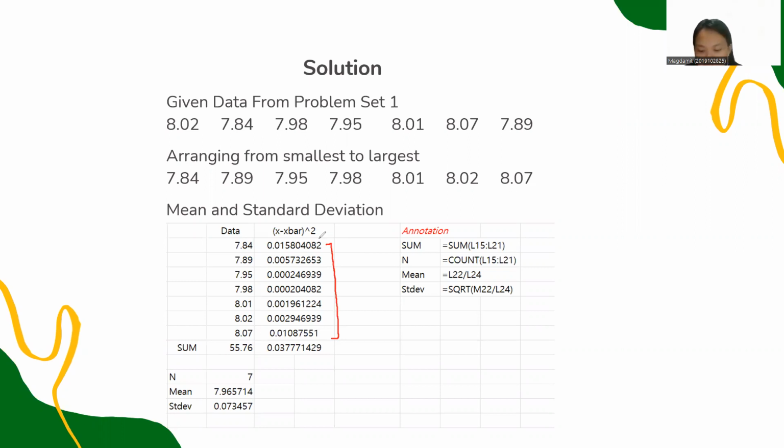After that, we get the sum. Then we divide it by the number of data points and get the square root, in which we will obtain a standard deviation of 0.073457.